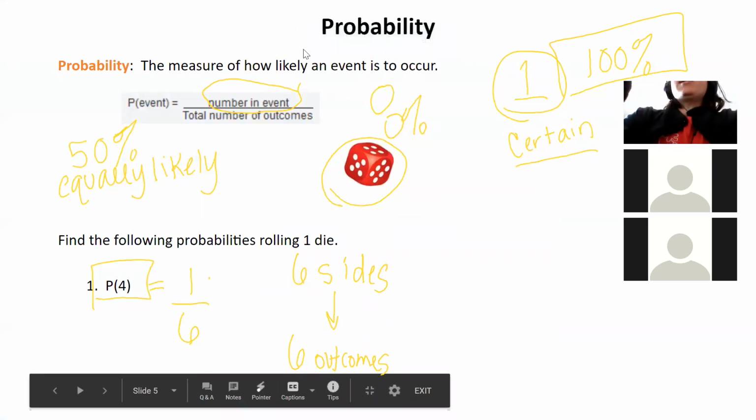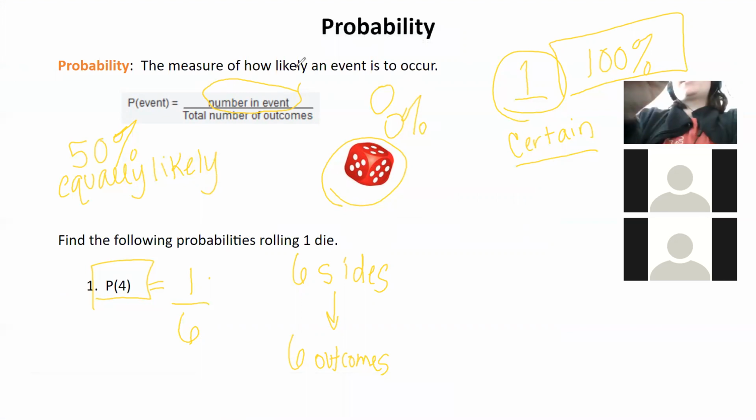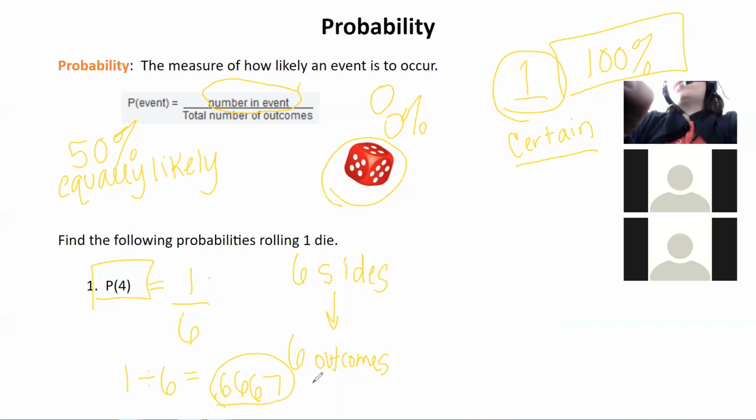So if you're asked to give a percentage, you're just going to go to Desmos or a calculator and type in 1 divided by 6. That'll give you your decimal, and then you take that decimal and multiply by 100. So it's a 16.7% chance.